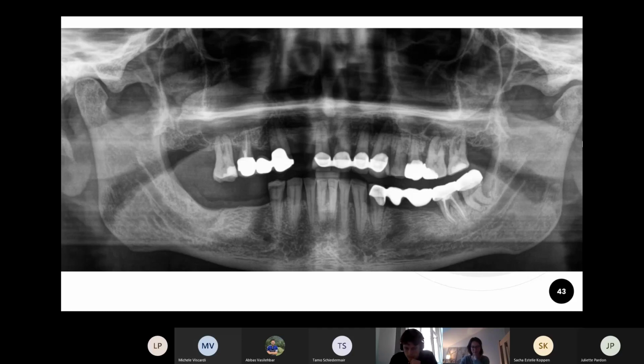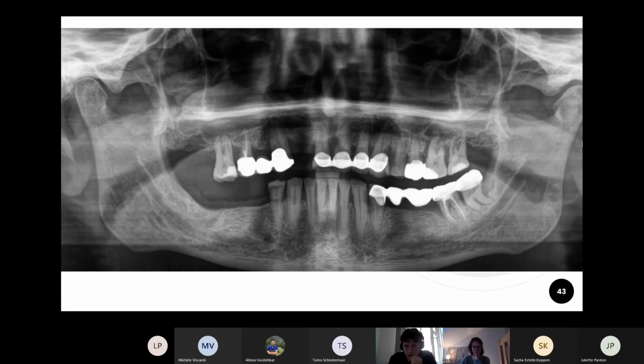Number 8 till 4 is a bridge again. Number 8, you can see that it's a little bit overhanging, at least it looks like it distally. So that could cause some troubles with secondary caries in the future.